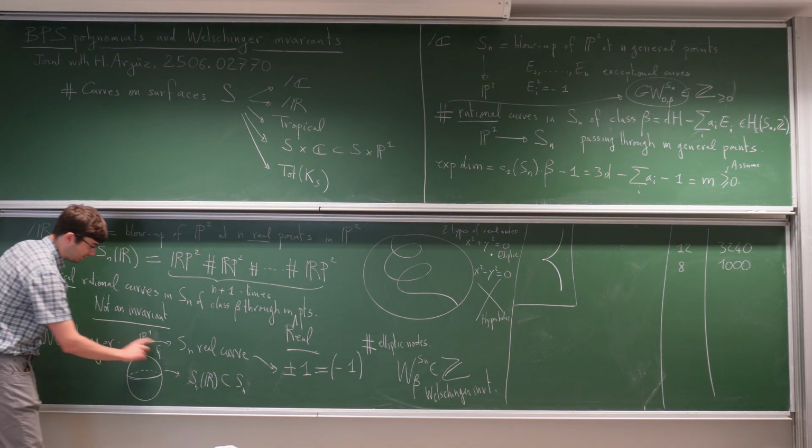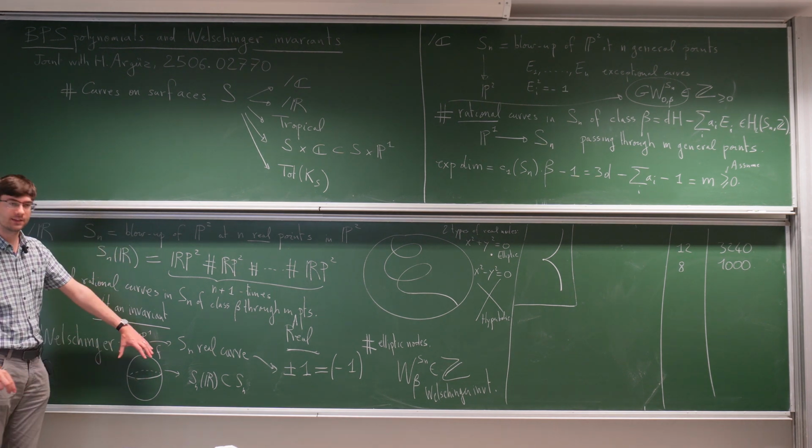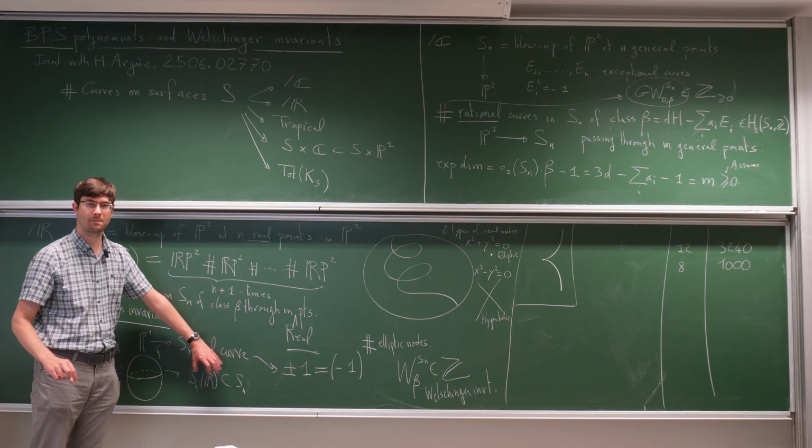And so instead of thinking about this sphere with this involution, you can cut the sphere into two and just think about a disk whose boundary is on this Lagrangian submanifold.